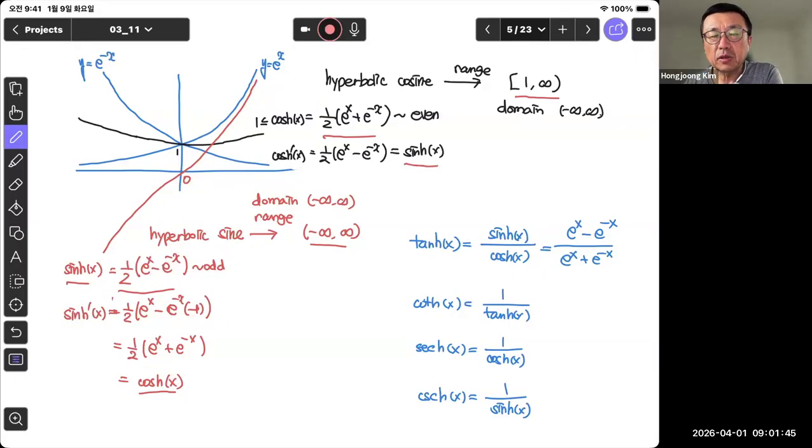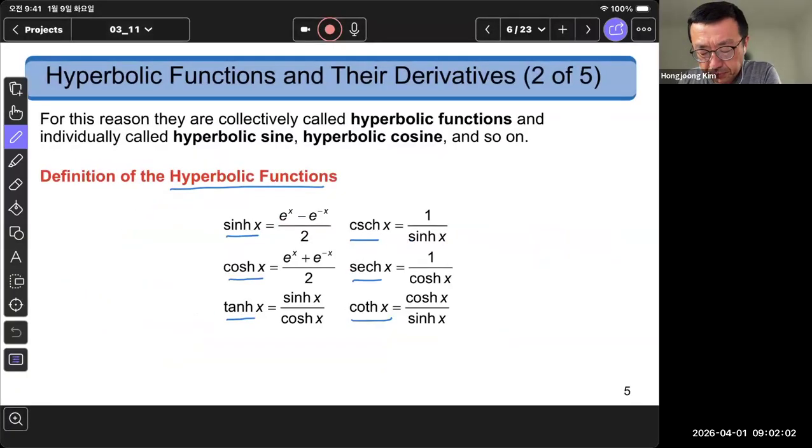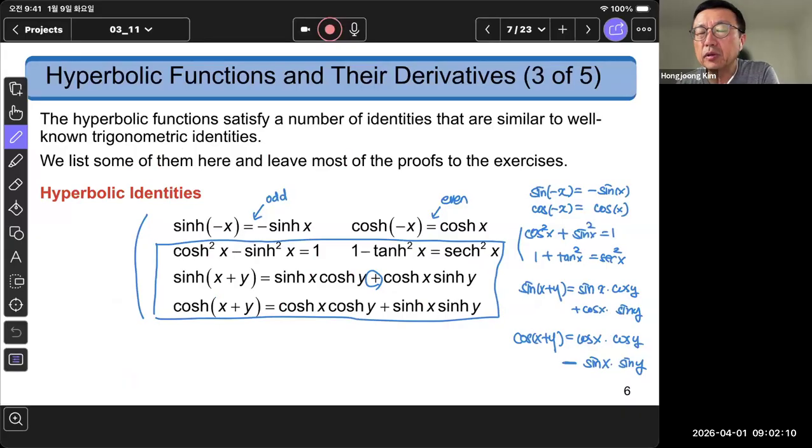Given these two definitions of hyperbolic sine and hyperbolic cosine, we could define the hyperbolic tangent and the other three hyperbolic functions. So these are the definitions of the hyperbolic functions. Then we could derive some identities using the definitions of hyperbolic sine and hyperbolic cosine.